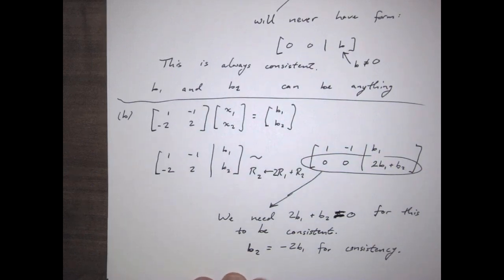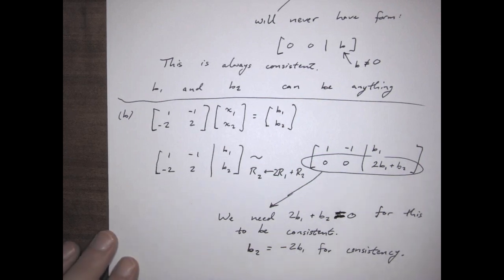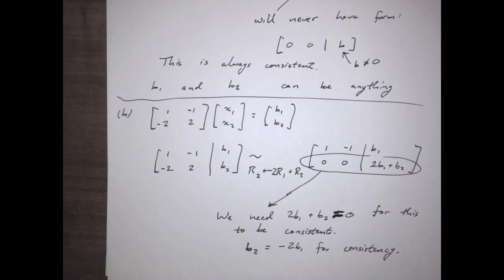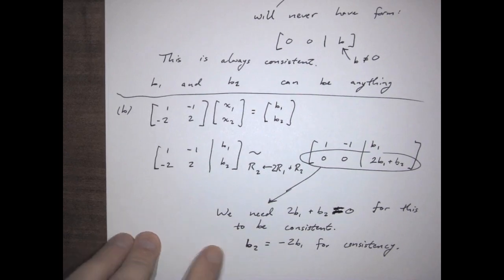So here, we did not have a free hand in the b1 and the b2. They're very tightly regulated, and in fact, once I know what b1 is, I can tell you immediately what b2 has to be, or vice versa. If I know what b2 is, I can immediately tell you what b1 has to be. So there's a very delicate tightrope you have to walk if you want to stay consistent in this case.